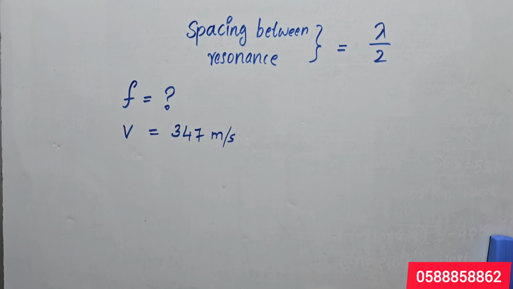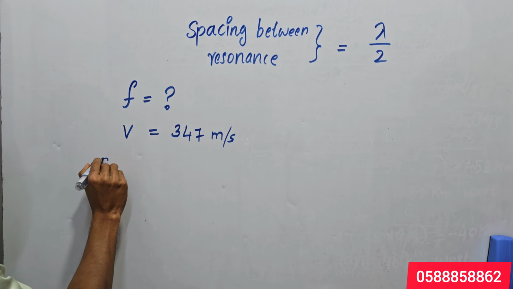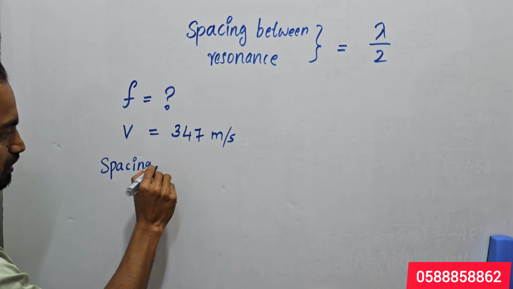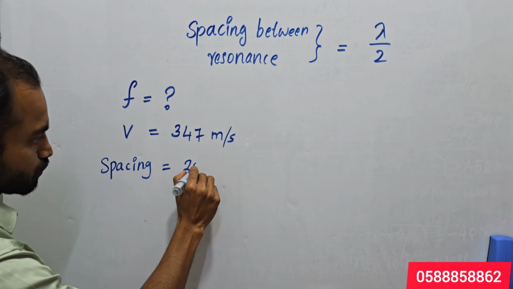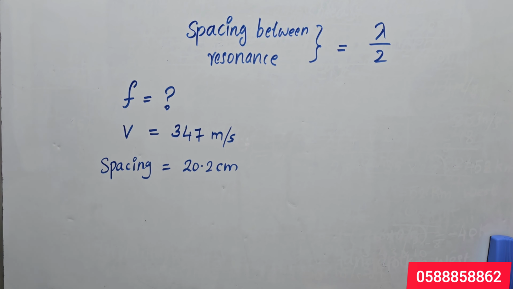And find the resonance spaced by 20.2 centimeter, the spacing between the resonance, right? So I will write spacing between the resonance, that is equal to 20.2 centimeter. The question is to calculate the frequency. You can calculate frequency, students, and you can tell when you get the answer.